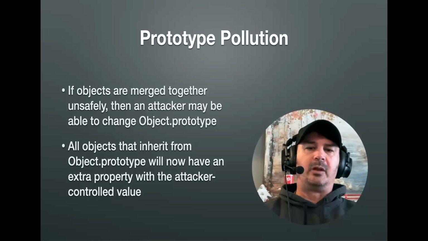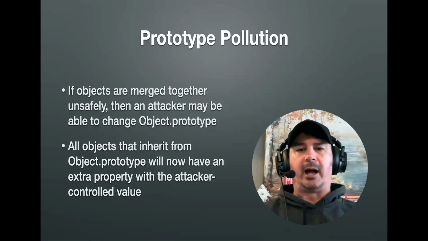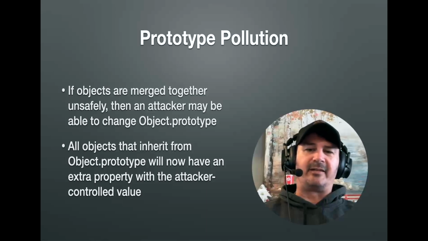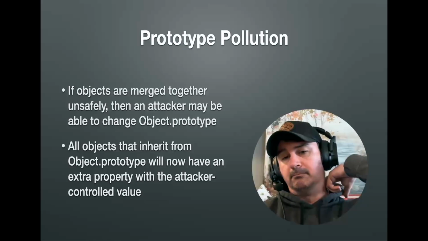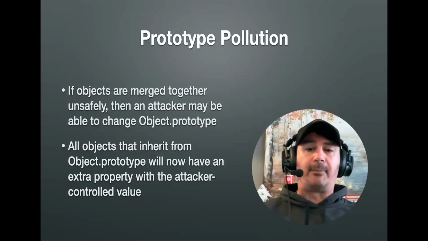The vulnerability arises when objects are merged together, and if that's done in an unsafe way, that is what could allow the attacker to add additional properties to the global object prototype.